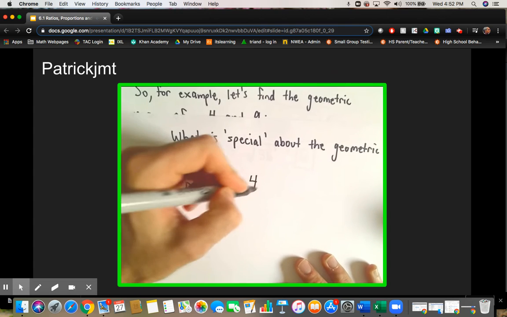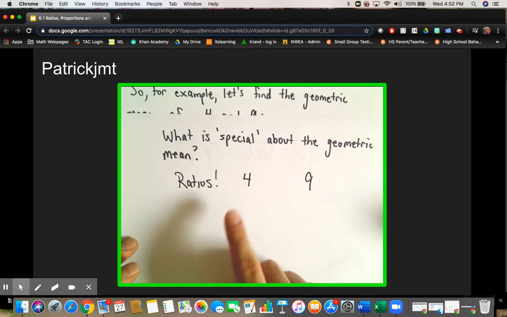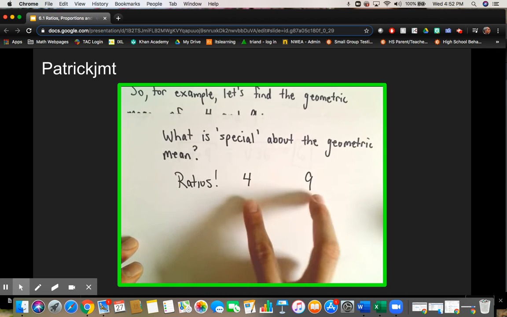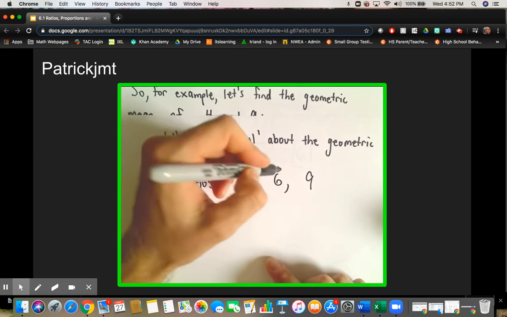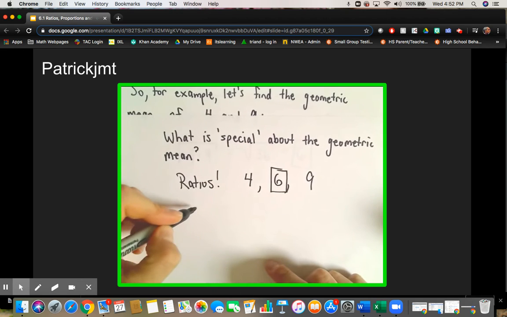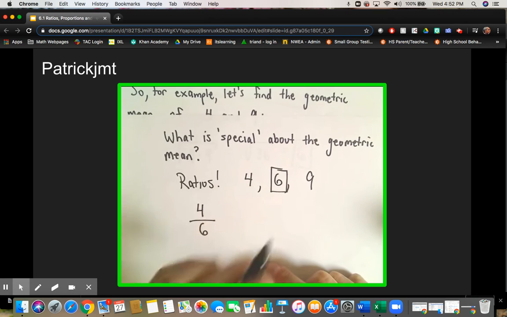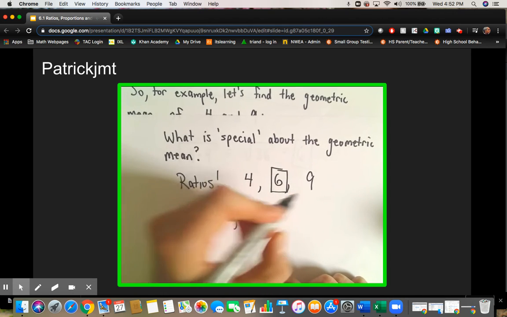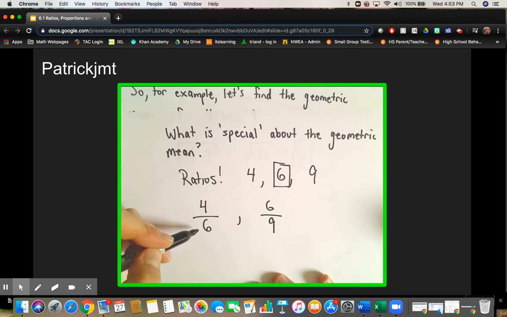Okay, so we started with 4 and 9. Those were the numbers that we were finding the geometric mean of, and we found that geometric mean to equal 6. Well, notice if we look at the ratio 4 divided by 6, and then the ratio 6 divided by 9, well, 4 over 6 reduces to 2/3.